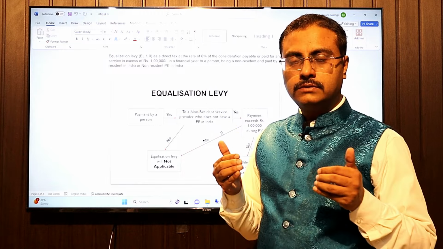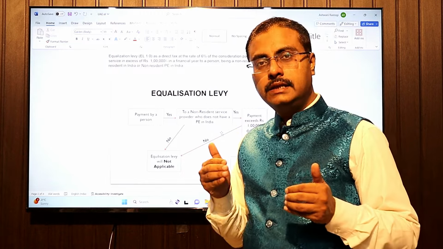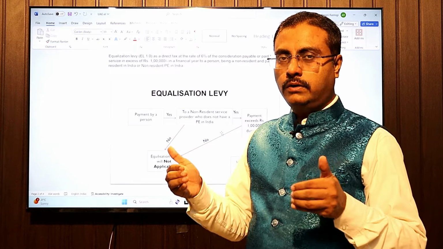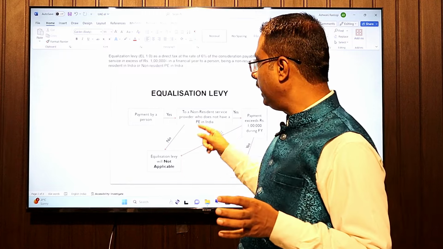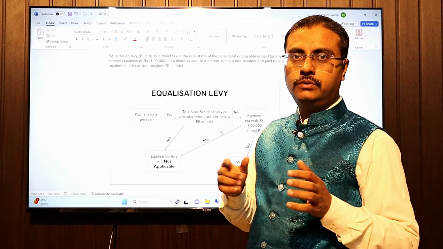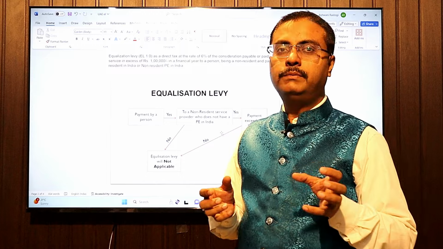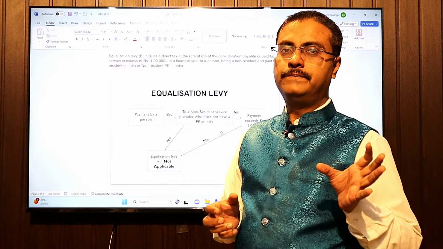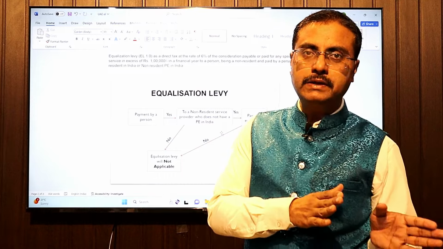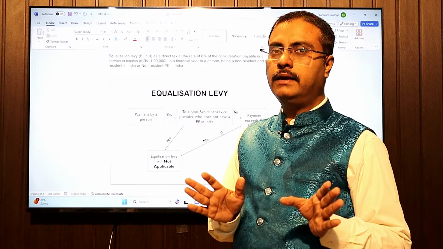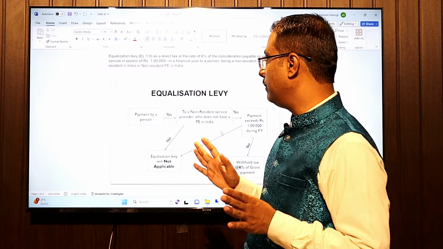Equalization levy is levied through the Finance Act, not the Income Tax Act. Once you go to the equalization levy chapter, you will find your income would be exempt under section 10(50). You do not need to pay through the SEP route. You simply pay your equalization levy.